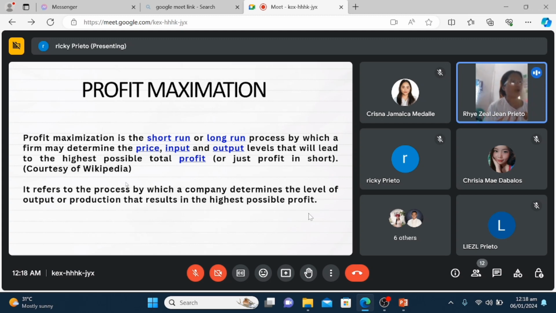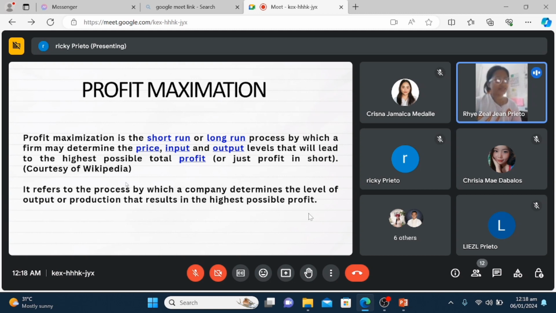So it refers to the process by which a company determines the level of output or production that results in the highest possible profit. But it depends on a case to case basis if ang usa ka firm mo continue ba siya sa iyang business. Why? Because the first case is that if total revenue is greater than the total cost, the firm will probably produce more kay dako man iyang total revenue kaysa sa iyang total cost.